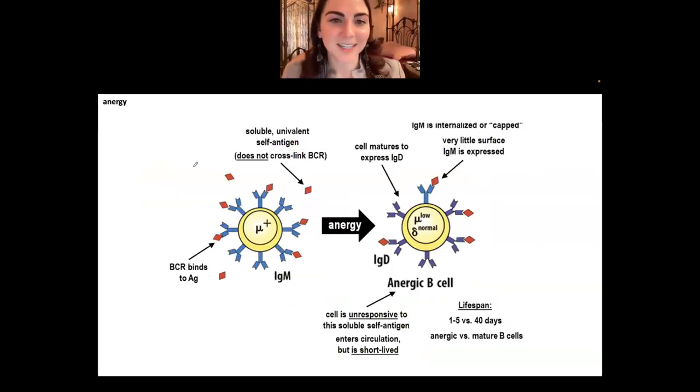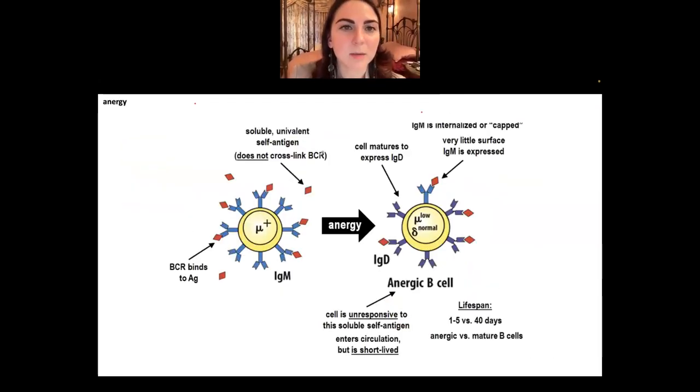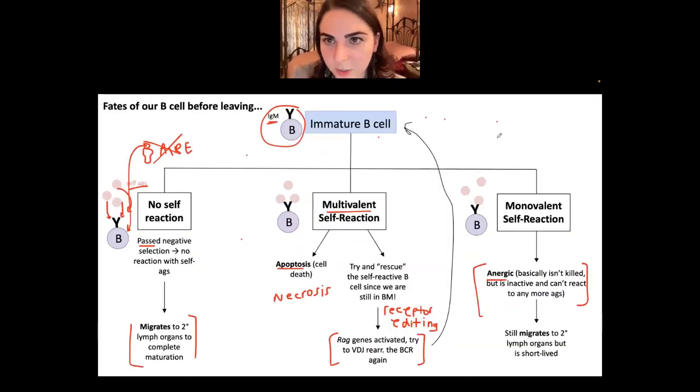Yes, VDJ. All right. Then I wanted to show you a little more about anergy, because anergy is such a weird concept. Anergy is when you have a monovalent self-antigen that is presented to the B cell and it recognizes it. This soluble univalent self-antigen doesn't cross-link the B cell receptor. It looks like this: you're only binding the one Fab portion right here.